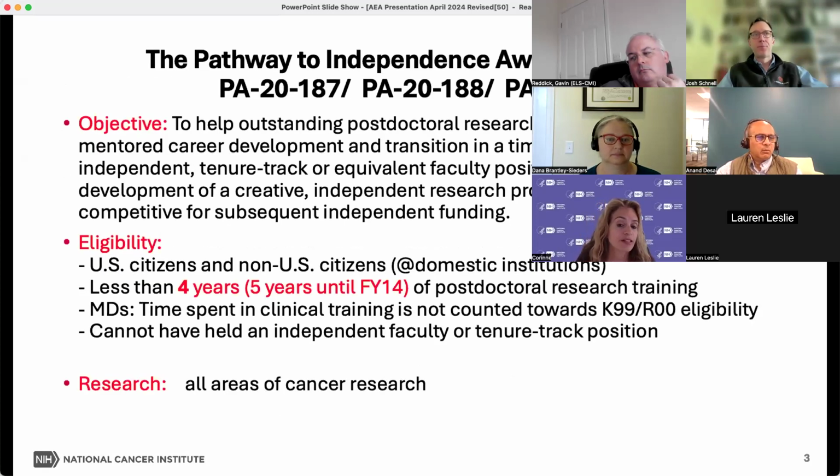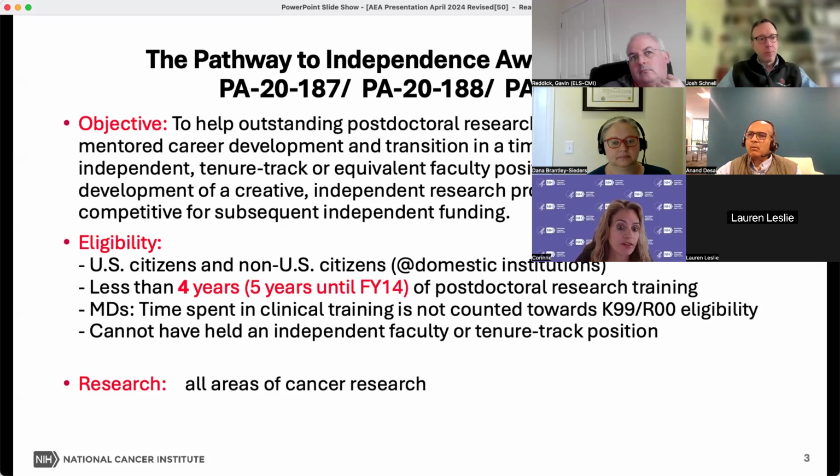So the Pathway to Independence Award, or K99 award, has three different notices that our applicants can apply to. They are one for clinical trials, one that allows for human subjects, and one that does not allow for clinical trials.